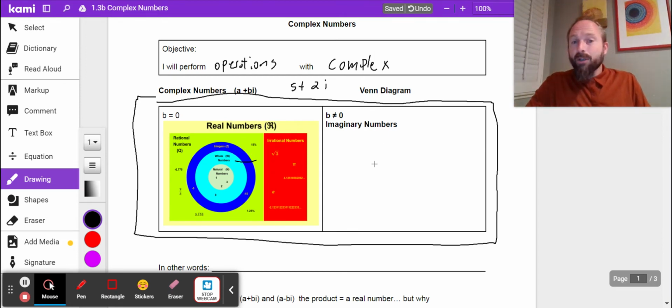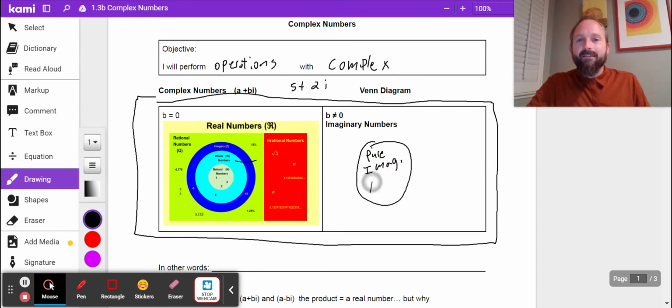Now, if we want pure imaginary, that's if a is 0. Because what's 0 plus an imaginary number? Just that imaginary number. And so remember the imaginary number, the square root of negative 1 is equal to i.